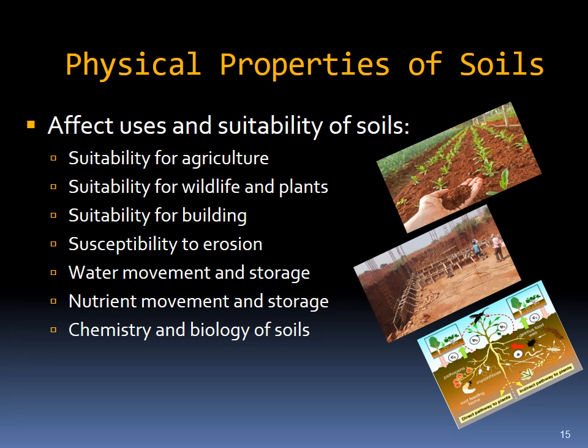The physical properties control the movement and the storage of water, and also the movement and the storage of nutrients as well. And the physical properties can further affect the chemical and biological properties of the soil. And that's why we have to study them.